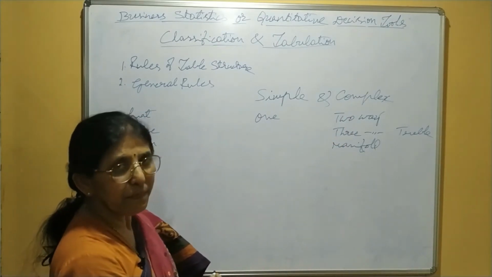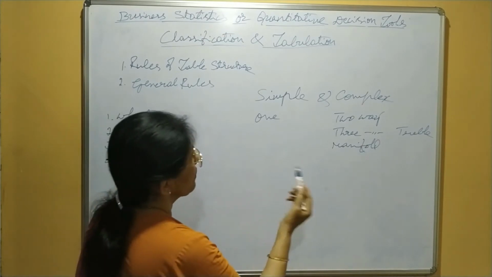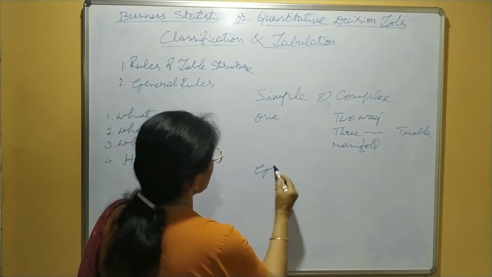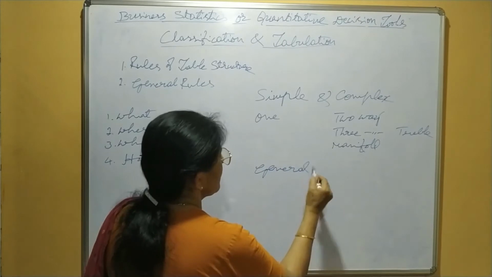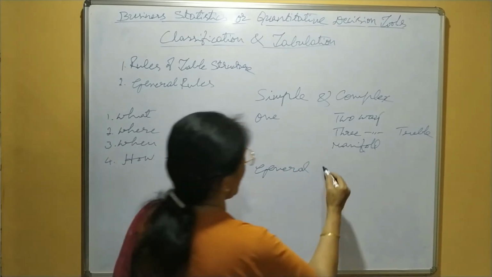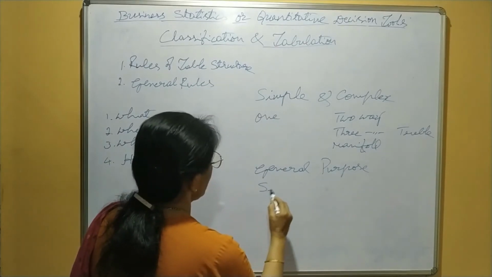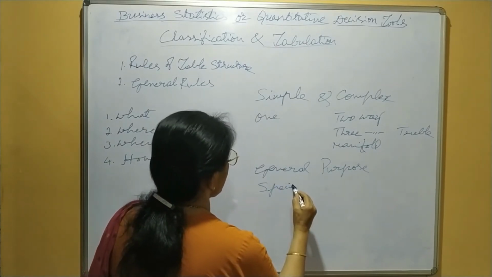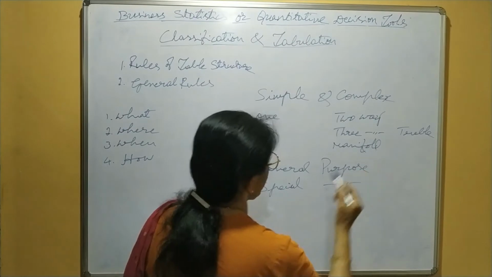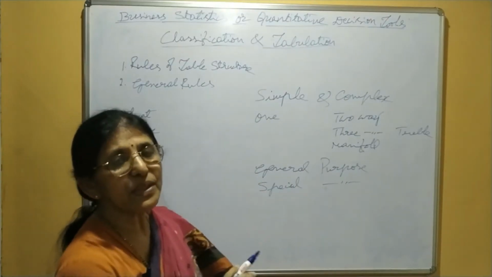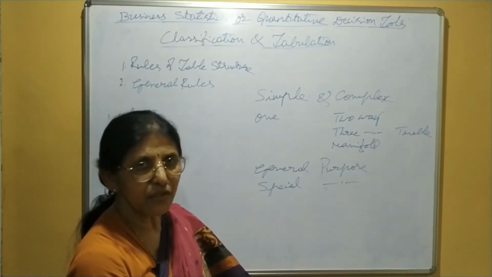Then on the basis of purpose, we classify tables as general purpose table and special purpose table. The name itself denotes general purpose, that is for general reference or general use.